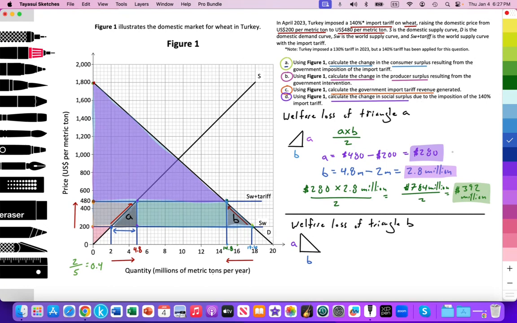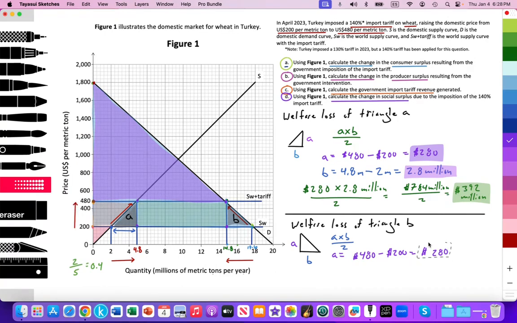So again, it's A times B divide by 2. So we're going to figure out what is the height of A. The height of A, again, is 480 minus 200. That works out to 280.